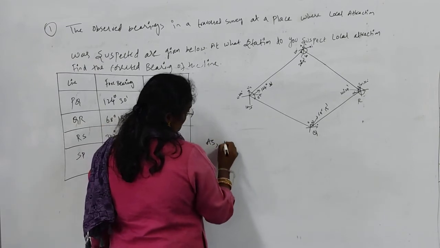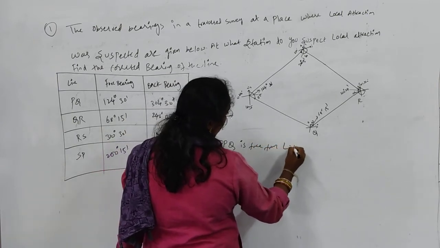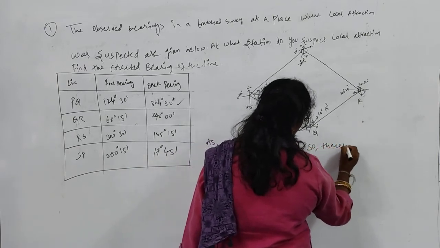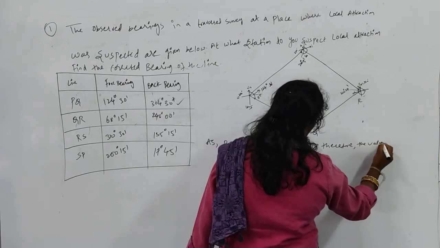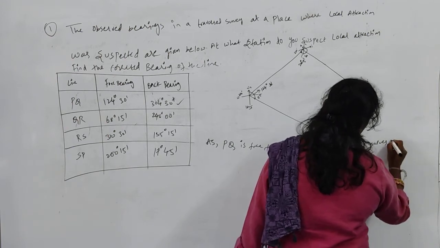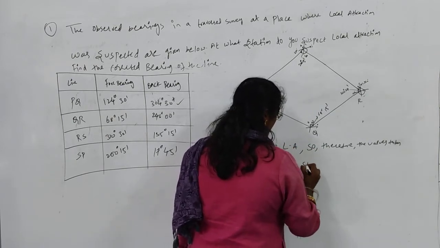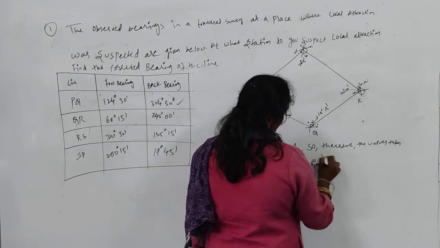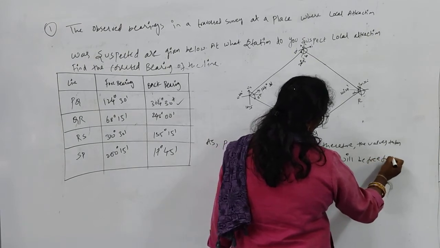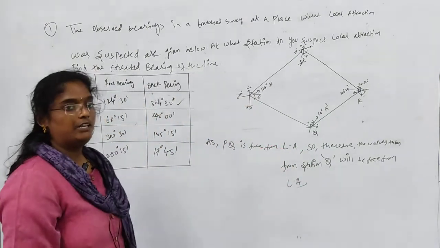As PQ is free from local attraction, so obviously the values taken from station Q will be free from local attraction. Then you people will be asking, how madam, how will it become free?